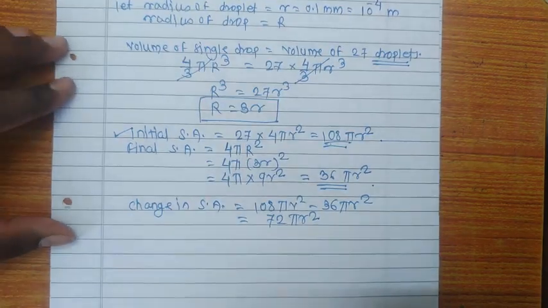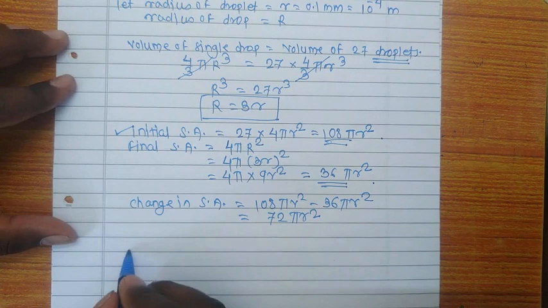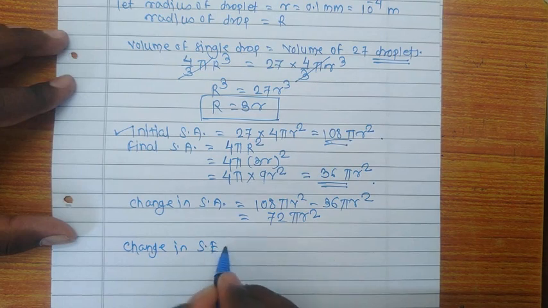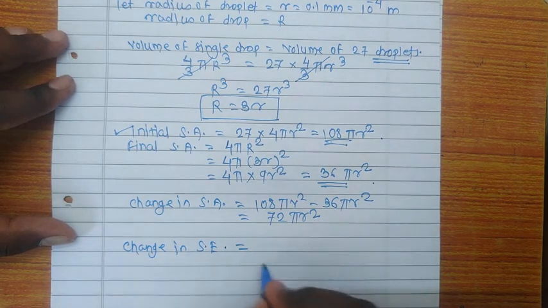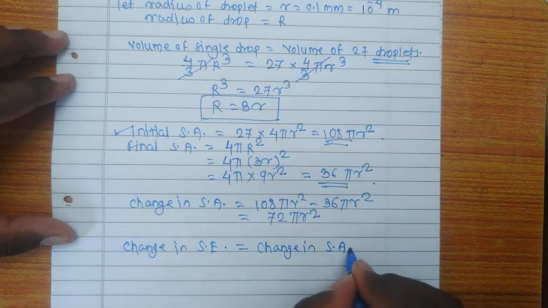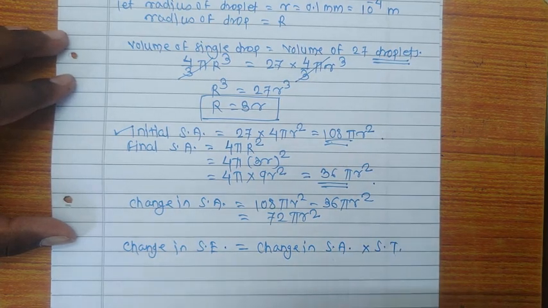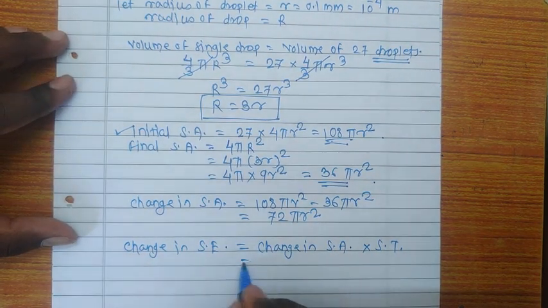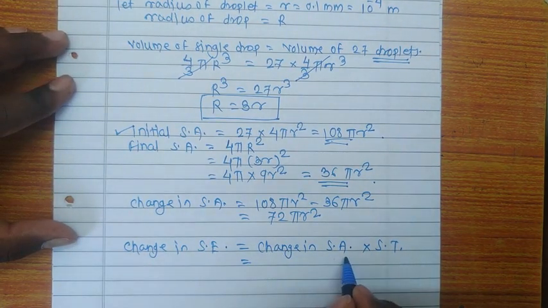So our formula, हमारा formula क्या आ जाएगा? Change in surface energy is equal to change in surface area multiplied by surface tension, which will be equal to, what is the change in surface area?